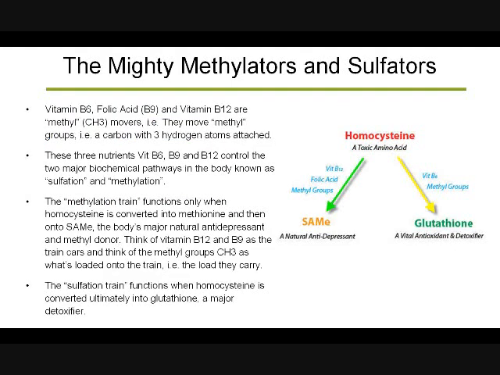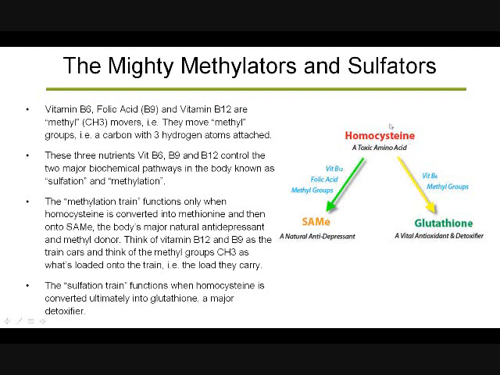So briefly, I want to review this again. The B vitamins, we talk about this homocysteine reaction and why they're so important. Homocysteine here, this portion that takes homocysteine into SAMe is called methylation.